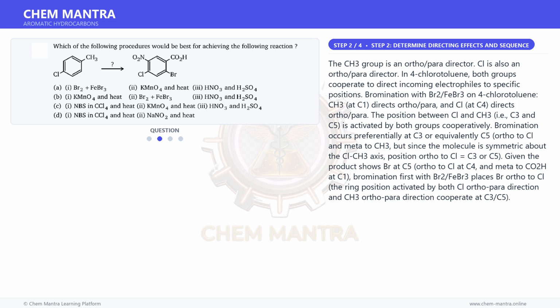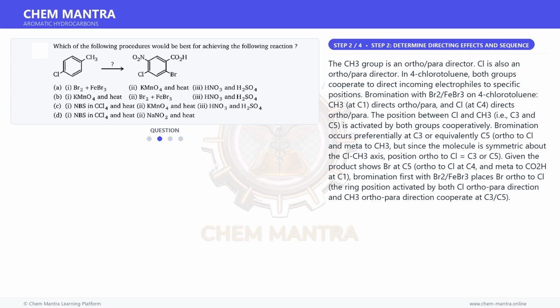The position between Cl and CH3, i.e., C3 and C5, is activated by both groups cooperatively. Bromination occurs preferentially at C3 or equivalently C5, ortho to Cl and meta to CH3, but since the molecule is symmetric about the Cl-CH3 axis, position ortho to Cl is equal to C3 or C5.